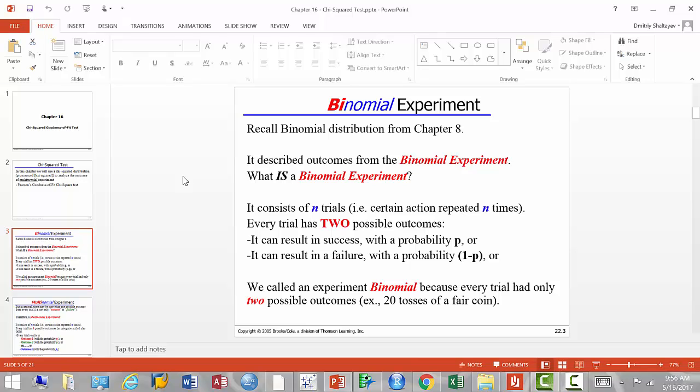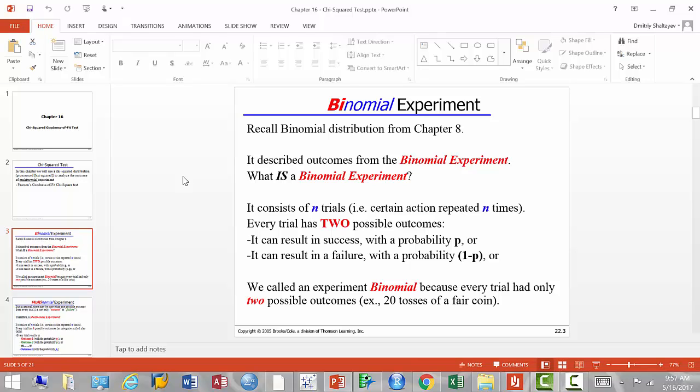And the idea was that each time you perform this experiment, a trial, like flip a coin or ask one person if they're right or left-handed, it can result in only two outcomes. That's why it's called a binomial experiment. Only two possible outcomes, number one and number two, which you arbitrarily call success or failure, right?